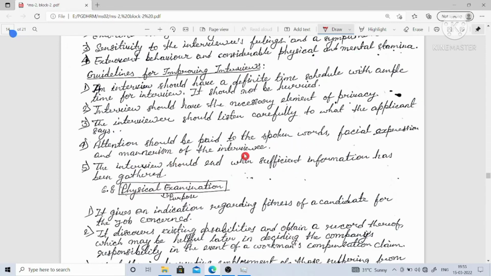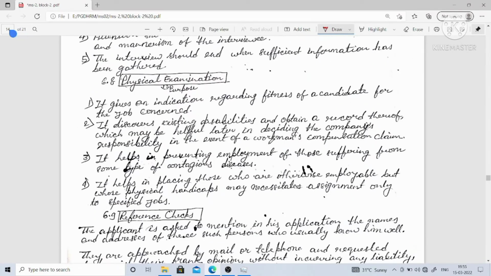So now next, the physical examination. The purpose of physical examination: it gives an indication regarding the fitness of a candidate for the job concerned. It discovers existing disabilities and obtains a record thereof, which may be helpful later in deciding the company's responsibility in the event of a workman's compensation claim.